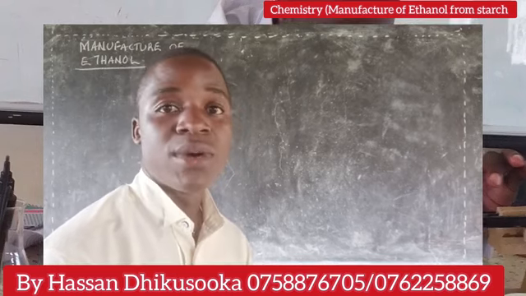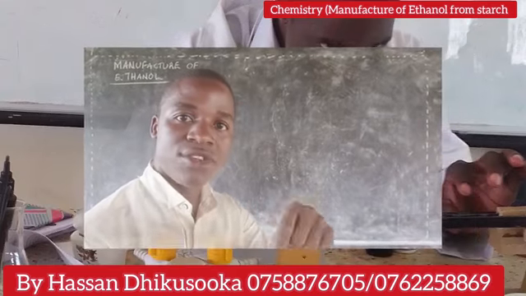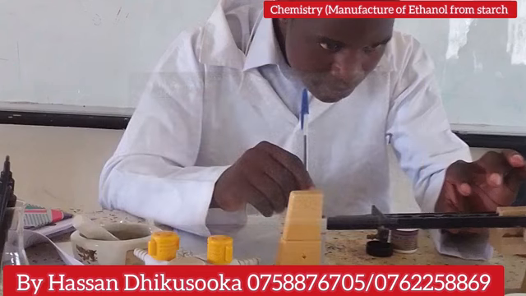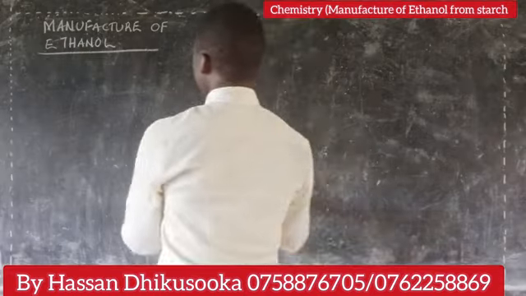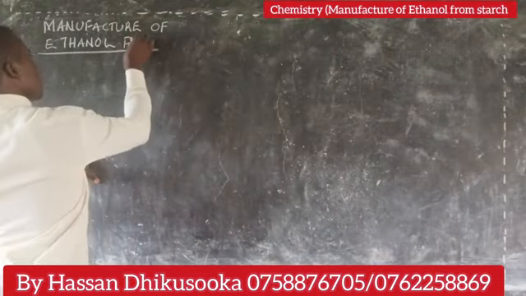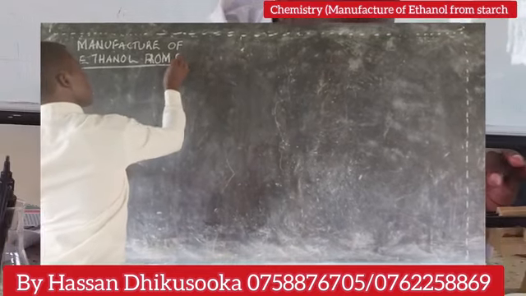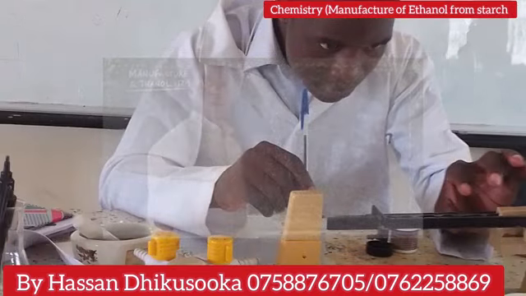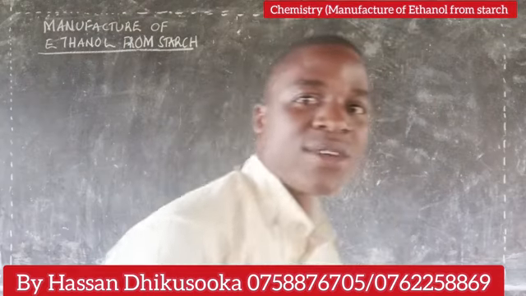But for today, we shall concentrate on starch. It's the one that we shall look at. Therefore, let us put here from starch. So we want to look at manufacture of ethanol from starch.